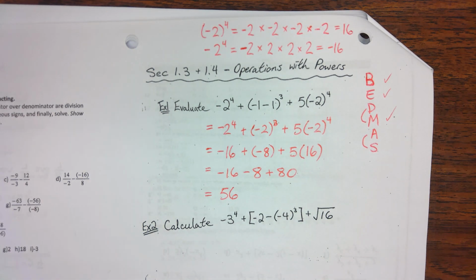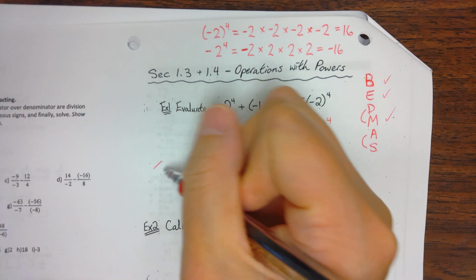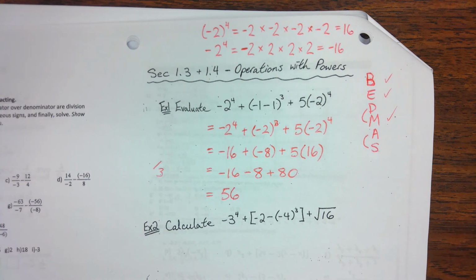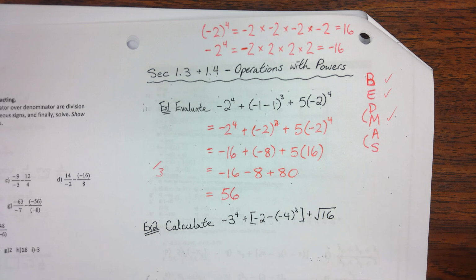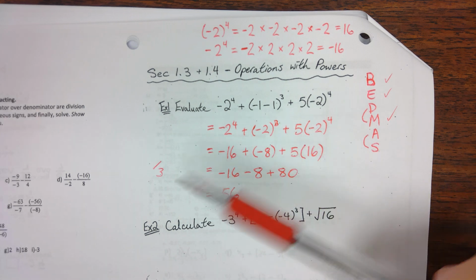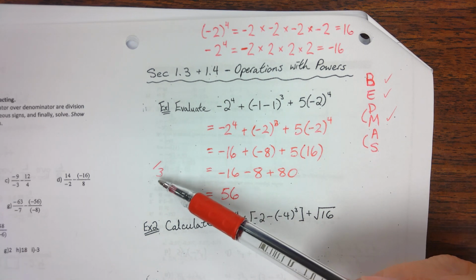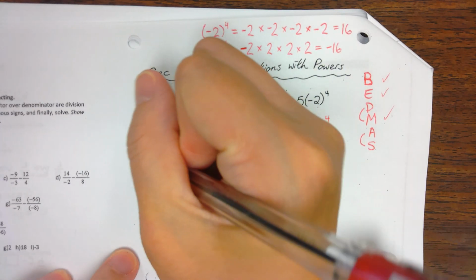Now, a question like this on the test, it may be like 3 marks. I wrote 4 steps right here. So I don't need all 4 steps, but if you see that the question is out of 3, then you want to show at least 3 steps.